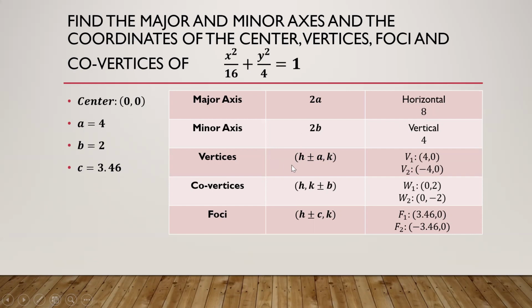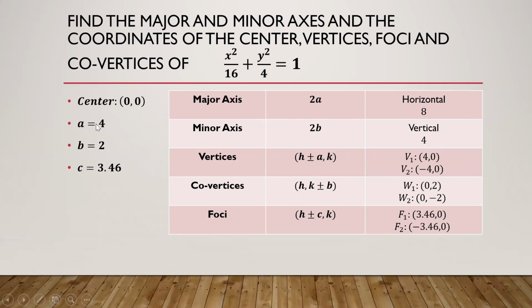Next, for our vertices, that's h plus and minus a, comma k. So for our first vertex, we'll use first the addition. So h plus a. Our h is 0, and we add a to 0.